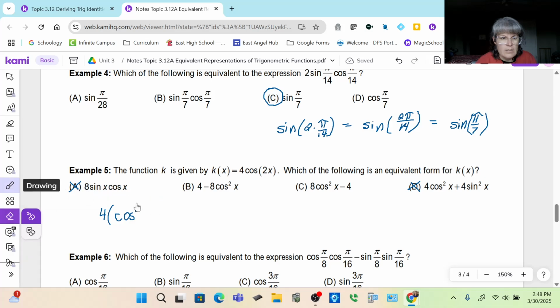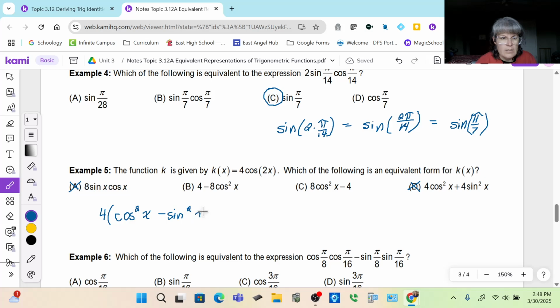The reason I'm starting here is because it's easier for me to remember, okay, cosine 2 theta is cosine squared theta minus sine squared theta. Then I can look at my answer choices and see, do I want my answer in terms of sine or cosine, and write the equivalent form. So I see that my remaining choices are in the form of cosine.